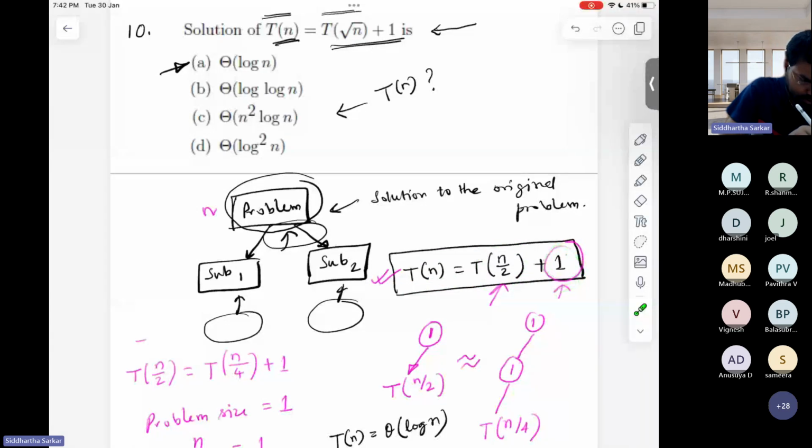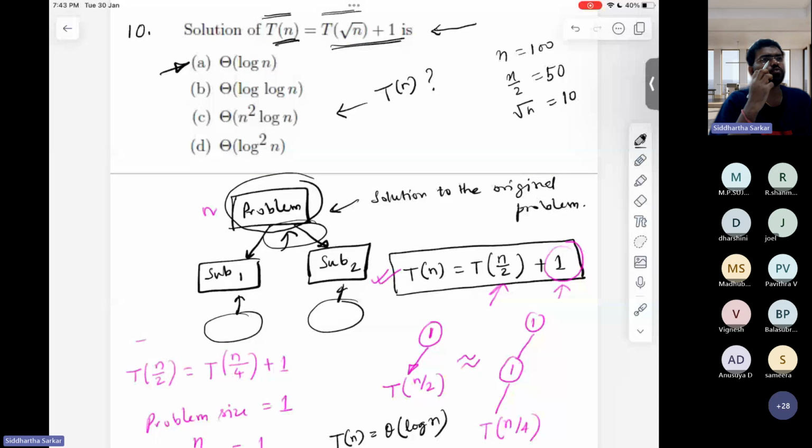But in this recurrence, we are further reducing the problem size. Root n is much smaller than n by 2, right? So let's say n is equal to 100. So n by 2 is only 50. But root n is 10. So in each iteration, you are getting much smaller subproblems to work on. So the time required on smaller subproblems will be smaller.